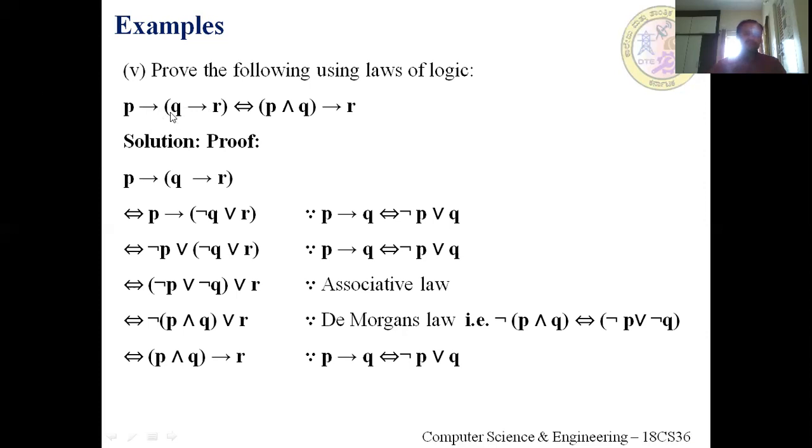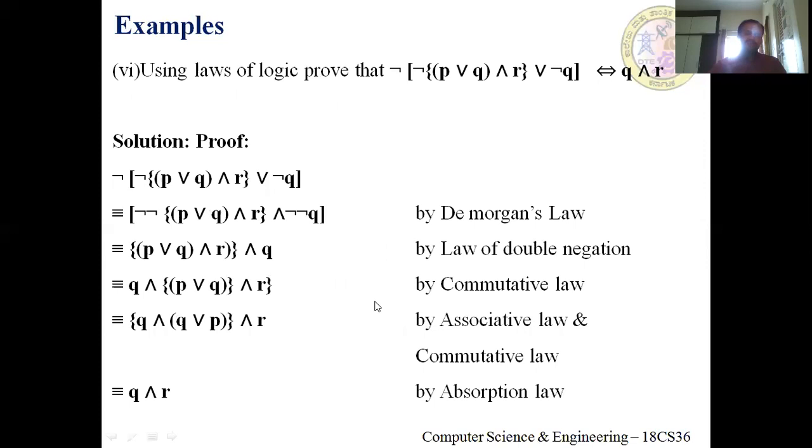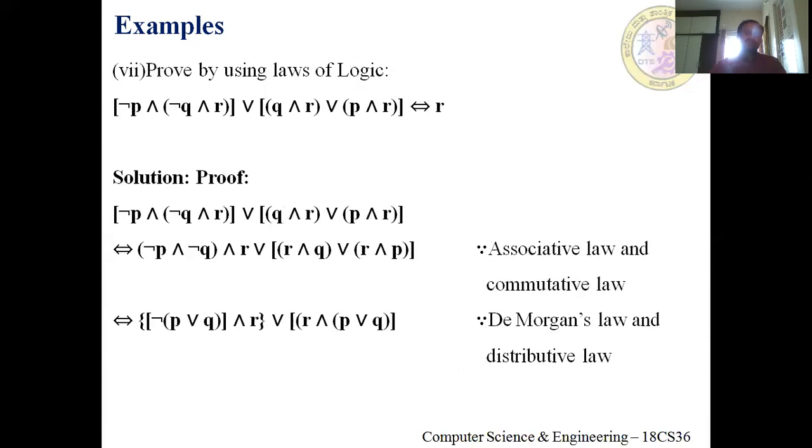The LHS says P implies Q implies R. RHS is P and Q implies R. First, I consider the LHS, P implies Q implies R. Then finally, by applying the different laws of logic, I am able to prove that LHS is logically equivalent to the RHS. Try all this as an example or an exercise problem by yourself, so that you can get more practice to solve more and more problems.